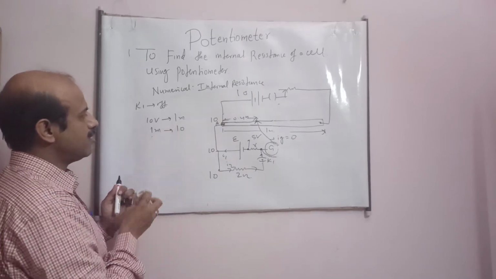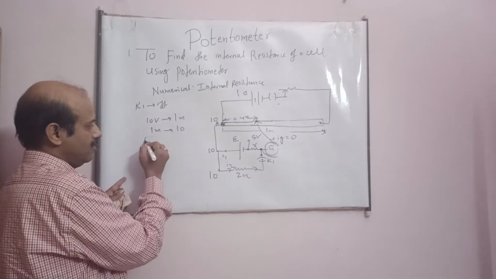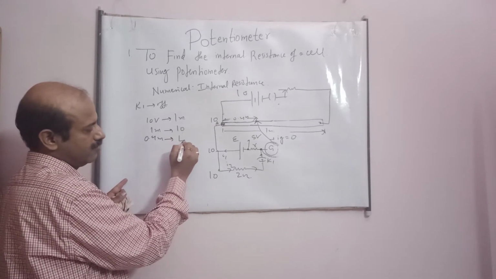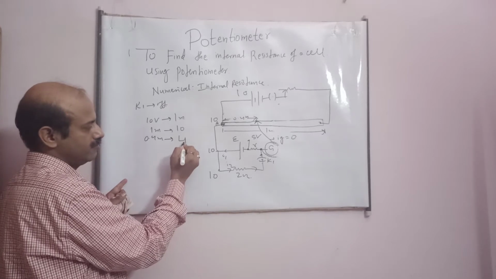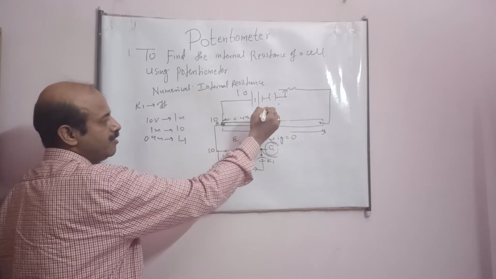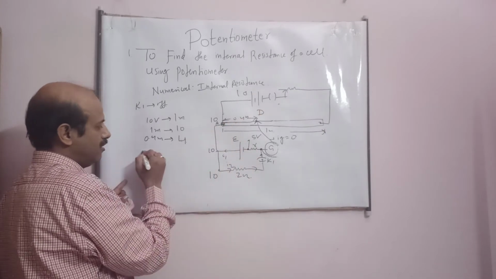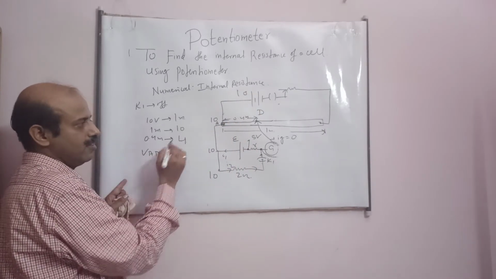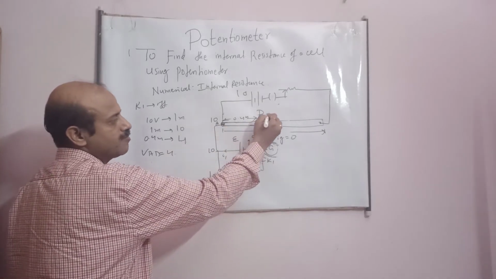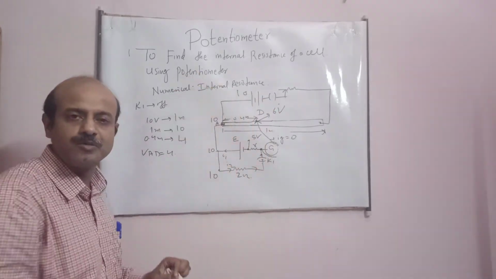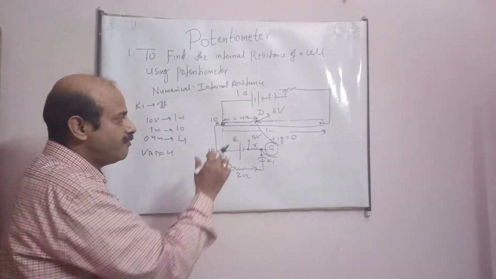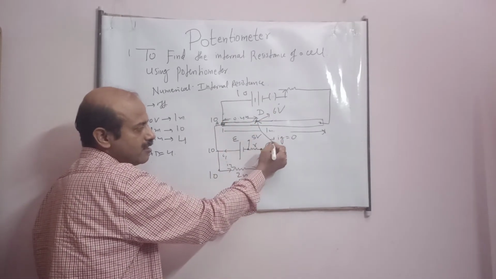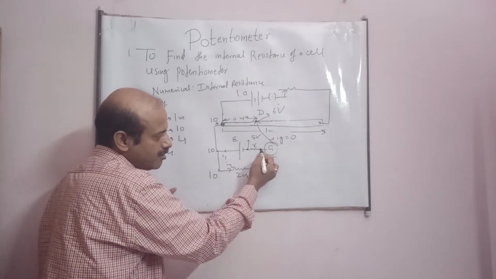For 1 meter a voltage drop of 10 takes place, so for 0.4 meter, how much is the voltage drop? 4 volt. Now remember, this point I am naming D. VAD is 4. This means the potential difference is 4, so this point is at 6 volt. This you have to understand. If the current is 0, this point is at 6.